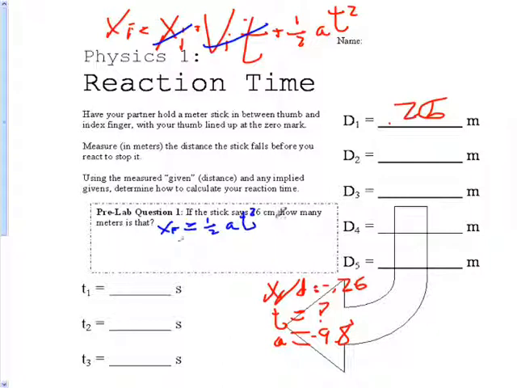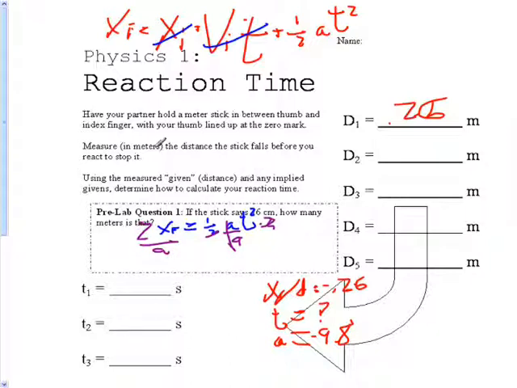So multiply both sides by 2. And that's gone. All right, divide both sides by a. And that's gone. So now I have t squared equals 2xf over a.